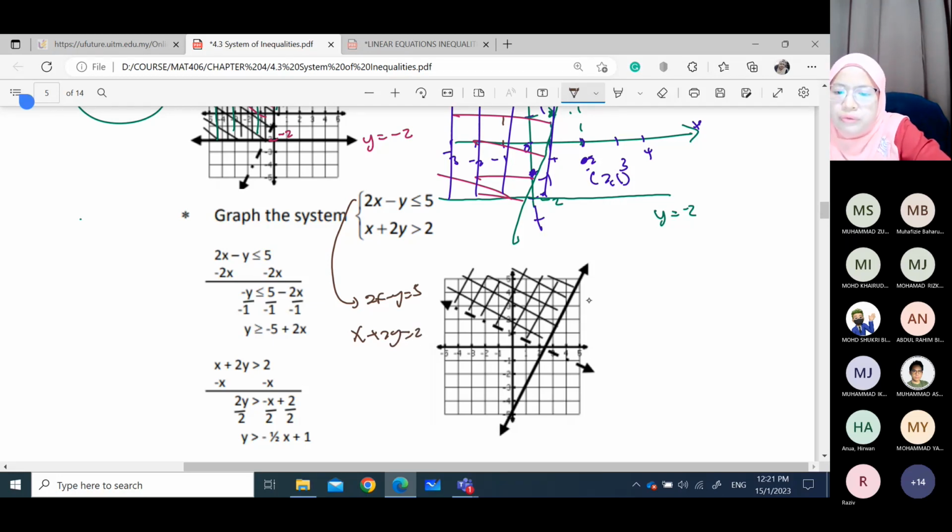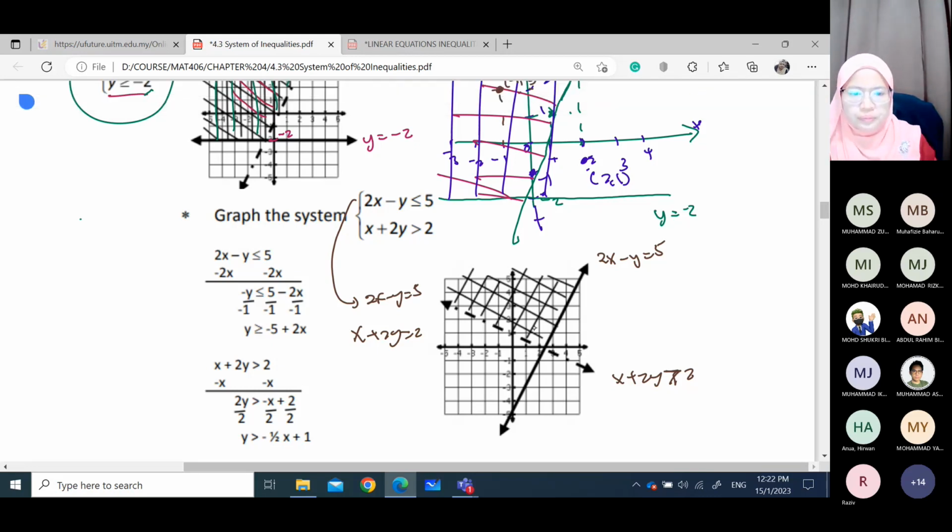Sama jugalah, you plot graph. Dan ini adalah graf untuk 2x minus y equals to 5. And for dash line here is about x plus 2y greater than 2.